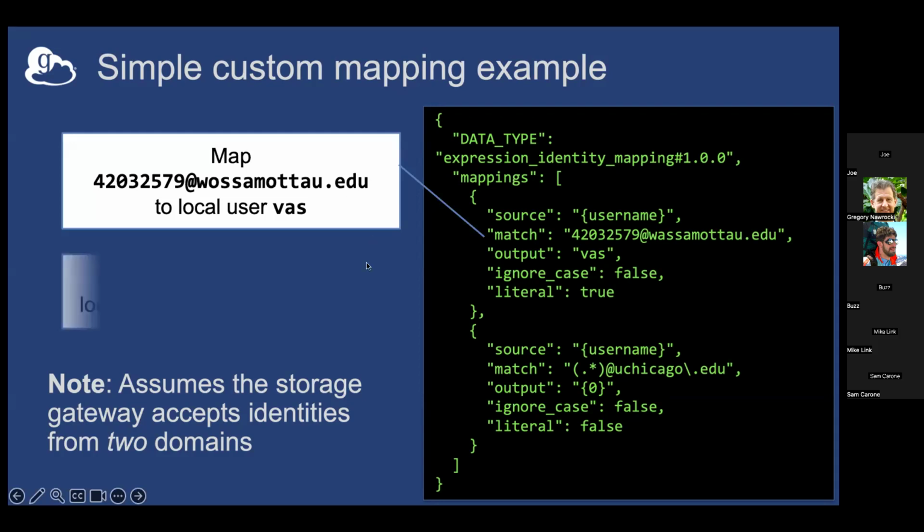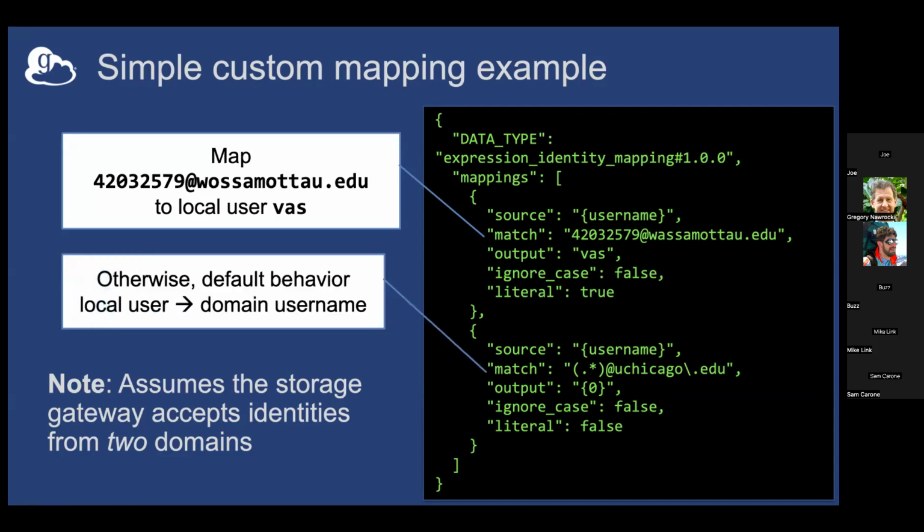The second one is a wildcard match. So every user from the University of Chicago will be mapped to their corresponding account name extracted from the username field of the identity document. You can see in both cases, the source just selects the username field from the identity document.